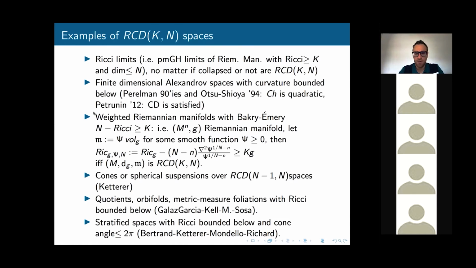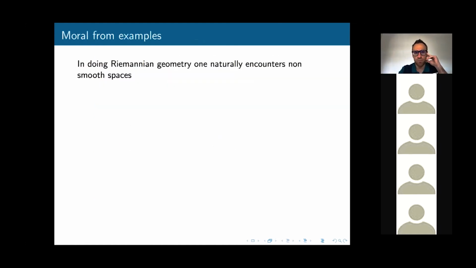No. Okay, so this is a non-exhaustive list of examples, but it permits us to draw some moral from them. The moral that I would like to draw is that in doing Riemannian geometry, one naturally encounters non-smooth spaces.